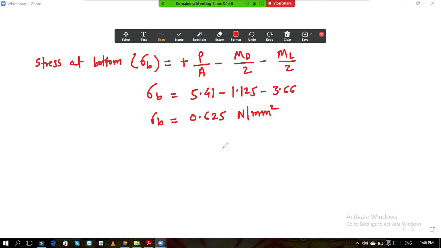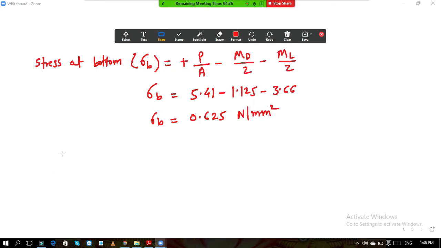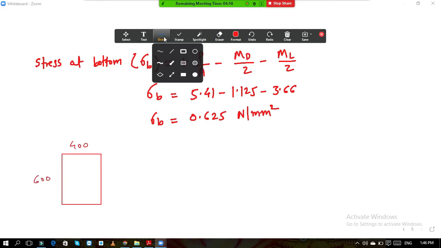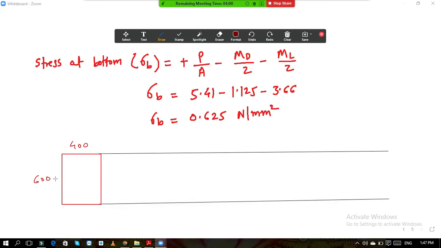And now at the last, finally, you need to draw the diagram. So if you draw the diagram of this, this is the cross section of the beam, 400 by 600. Then I will draw the neutral axis.